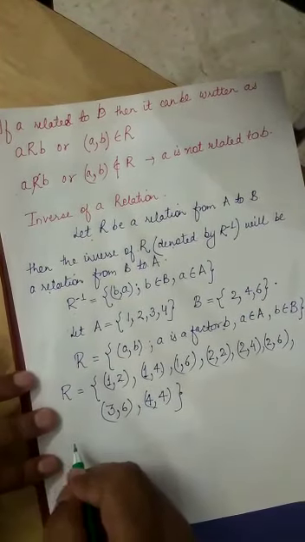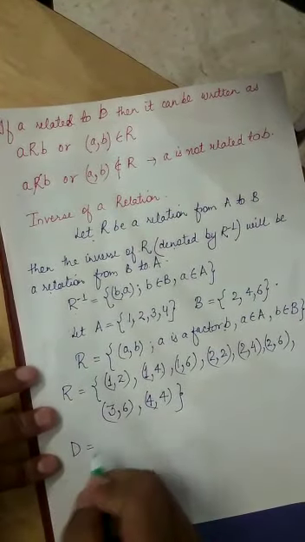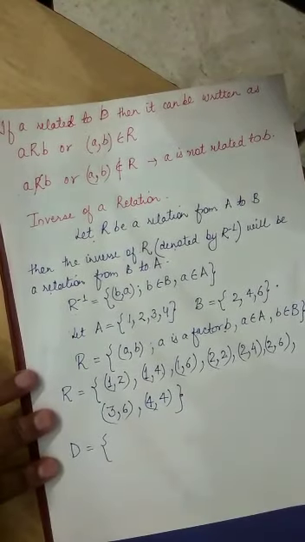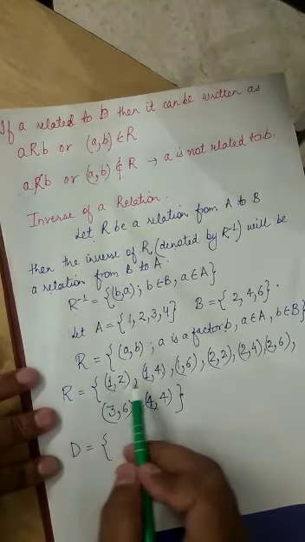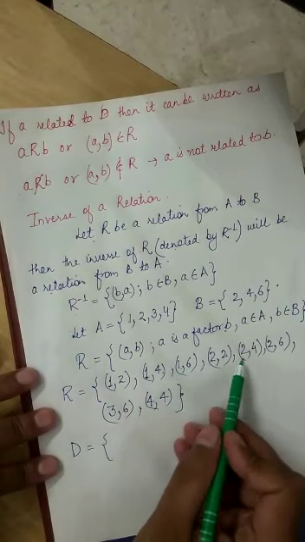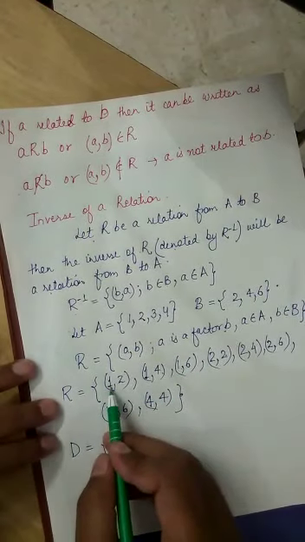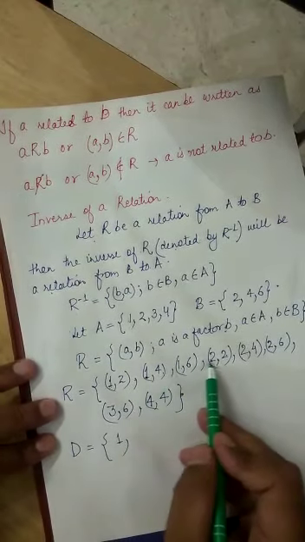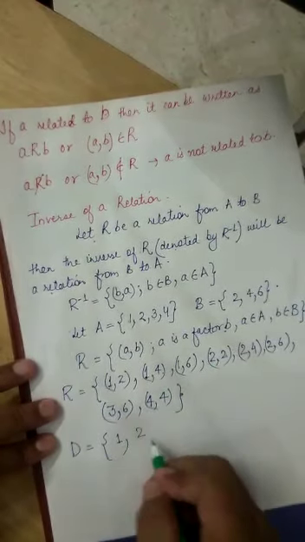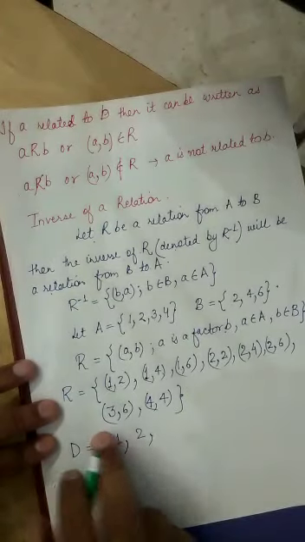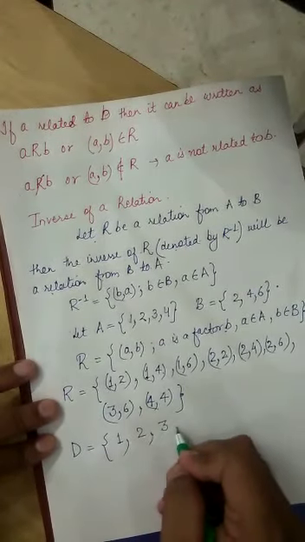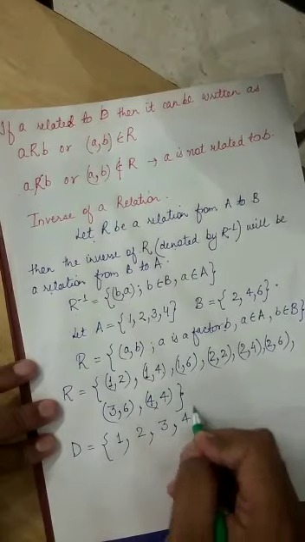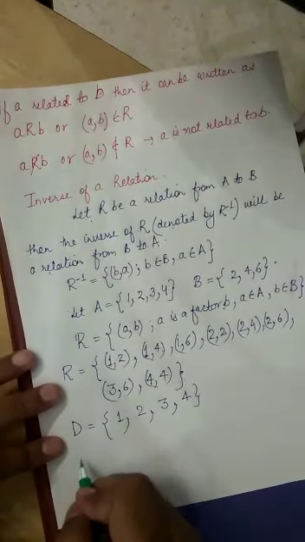Here we have to find the domain. So what will be the domain? The set of all first elements of the ordered pairs of the relation. So here the first elements are 1, then 2, then 3, then 4. It is the domain.